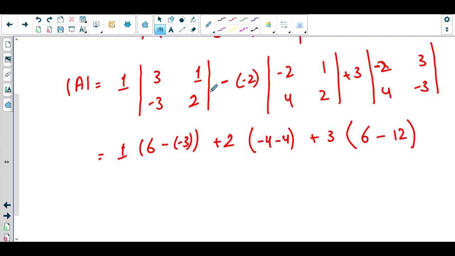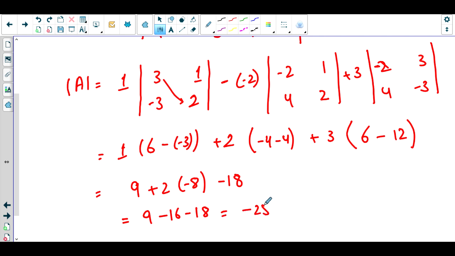We just perform the diagonal multiplication and in between a minus sign. So we have here 6 plus 3, it's 9, plus 2 into minus 8, and 6 minus 12 is minus 6, minus 6 into 3, minus 18. So 9 minus 16 minus 18, which is minus 25.